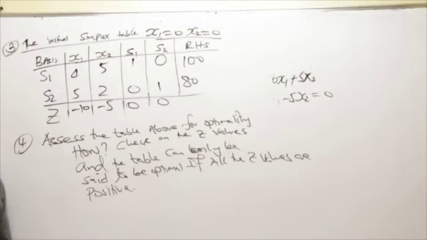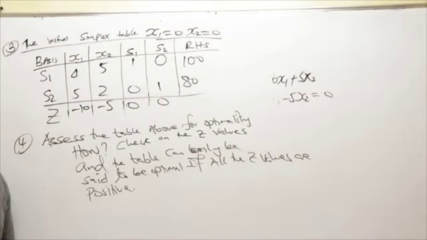So, assess the table above for optimality. How do we do that? We check on the Z values, and the table can only be said to be optimal if all the Z values are positive.